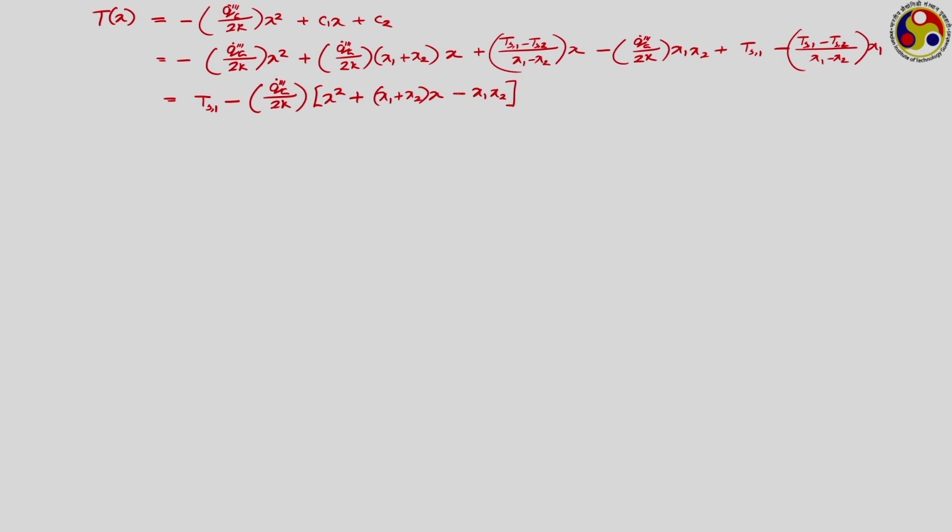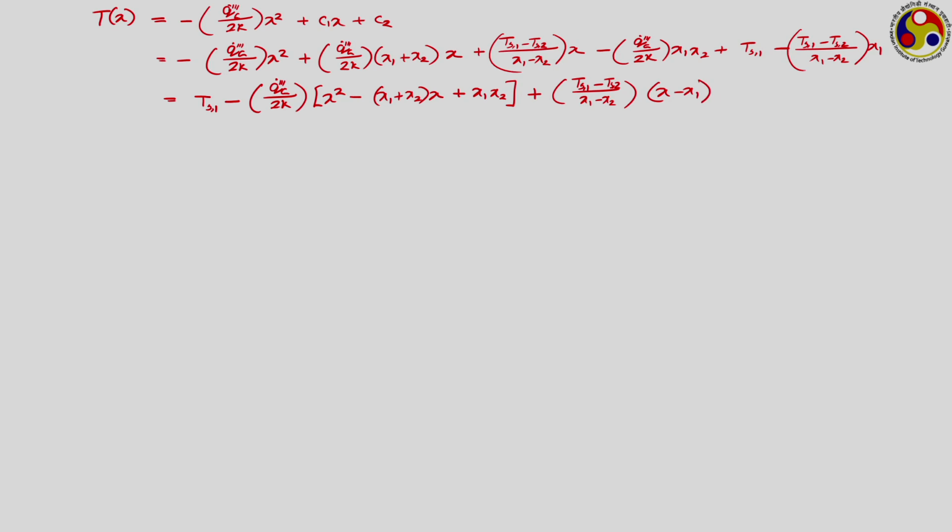Just check the symbols. So, this will be negative then, and this will become positive, and the term involving T s 1 minus T s 2 upon x 1 minus x 2 will have x minus x 1, where x 1 is the initial location.